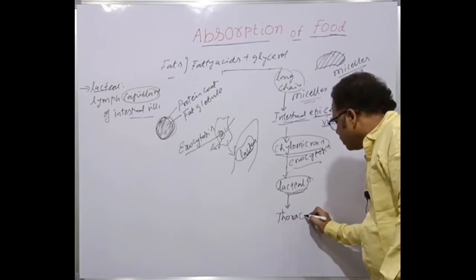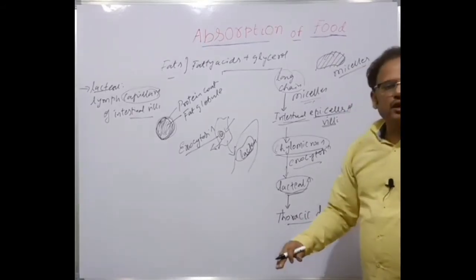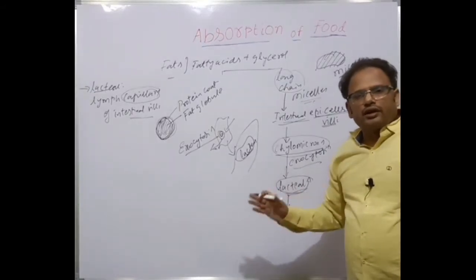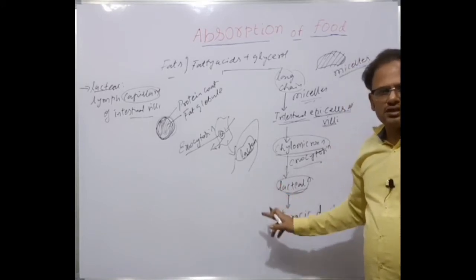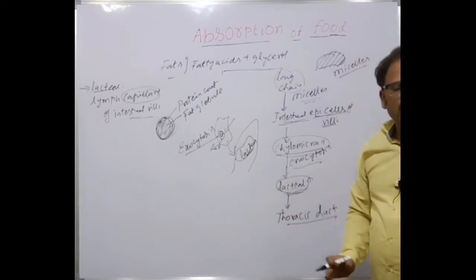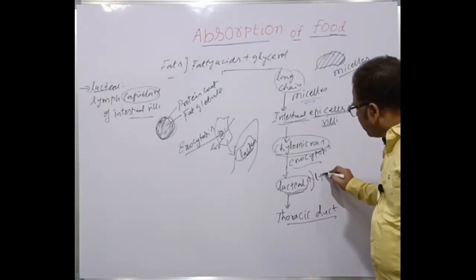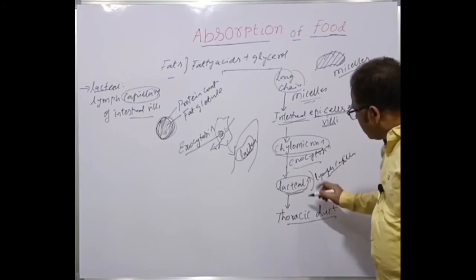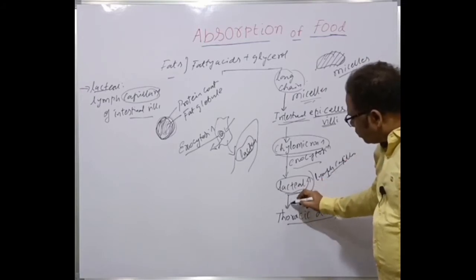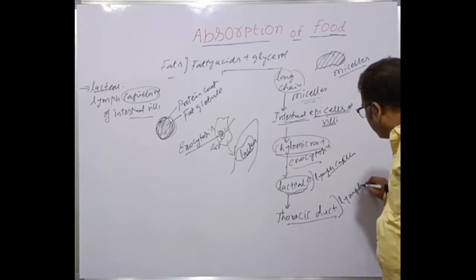The thoracic duct is the largest lymphatic duct of the human body. Through the lymph capillaries, the chylomicrons enter the thoracic duct, which is the lymphatic duct.